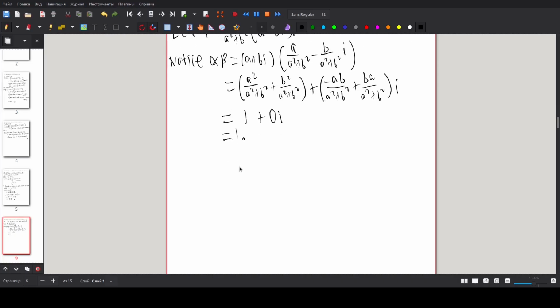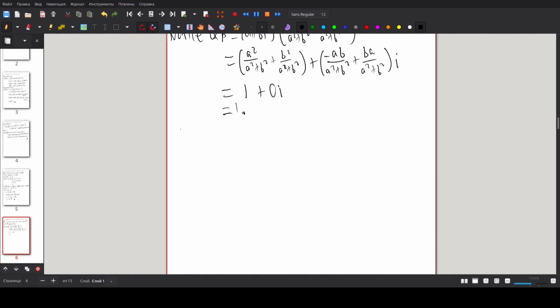Now the uniqueness part, we're going to do the same thing. So we're going to say, suppose there is another beta 1 in the complex numbers such that alpha times beta 1 equals 1, and we're going to do basically the same thing we did for the last one.